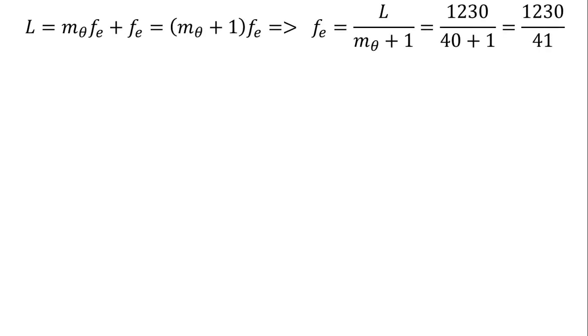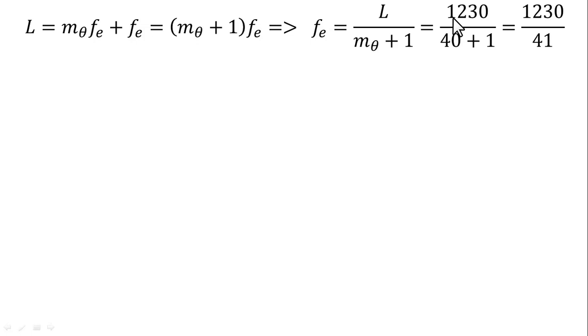So putting the values in the given formula, L is equal to m theta fe plus fe. Taking fe common on the right side, L is equal to m theta plus 1 into fe. This implies that fe is equal to L upon m theta plus 1.